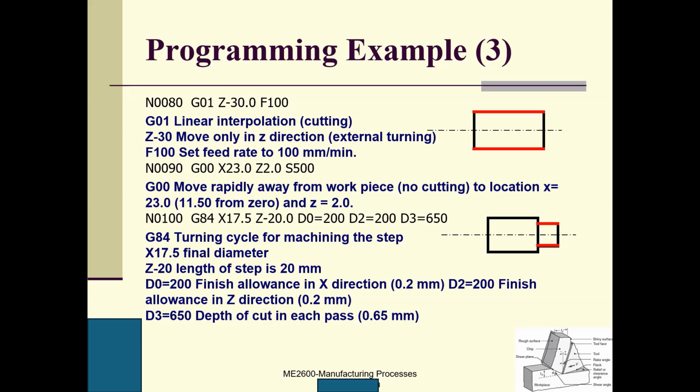D2 is in Z direction, and D3 is the depth of cut. D0 is the finish allowance in X direction. D2 is the finish allowance in Z direction. And remember, D3 is the depth of cut of each pass. We might have several passes here, right? This is what I specify. Each pass, I only use this one. The reason is that I don't want to wear my tool very quickly, but I want to have multiple parts.